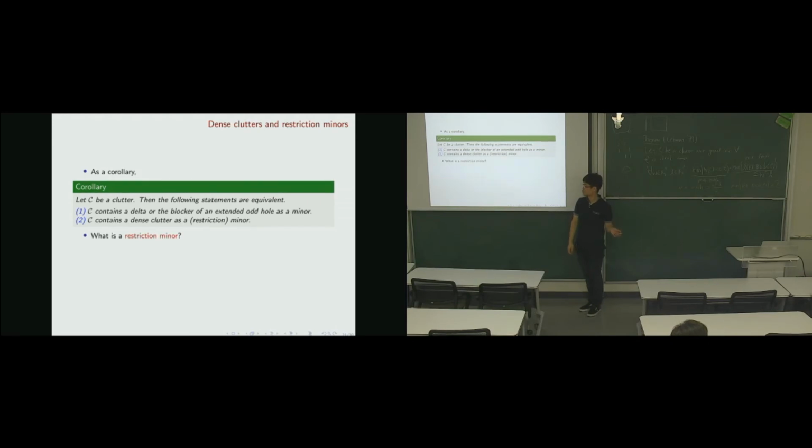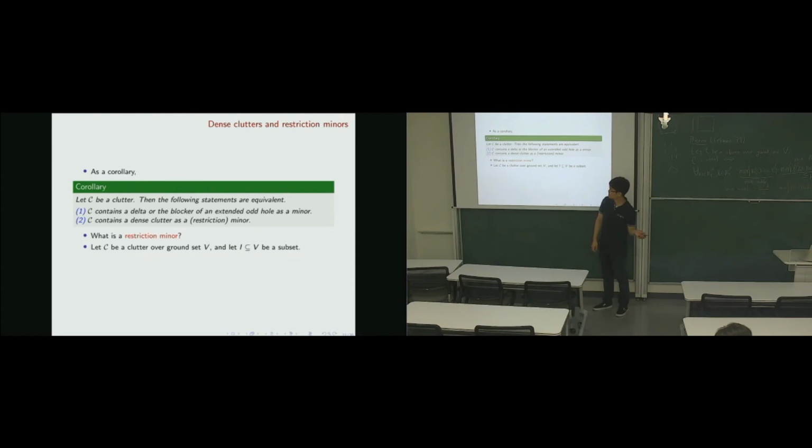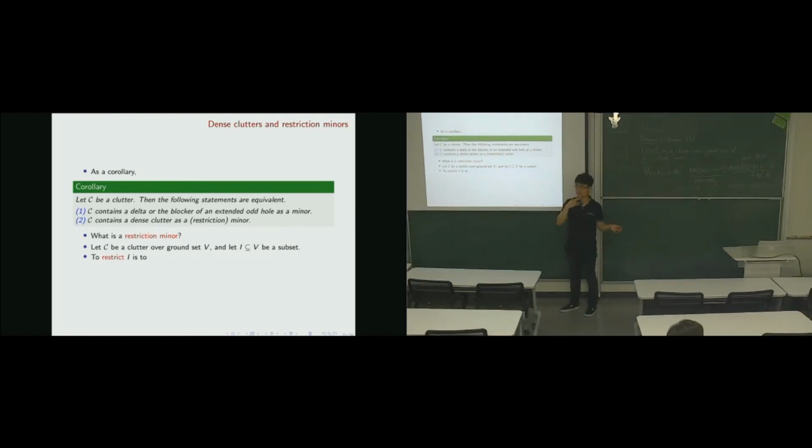So what is a restriction minor? It's basically, if you pick a subset of the element set, by restricting I mean you just delete these elements I, and contractions only follow when you have some covers of size 1.